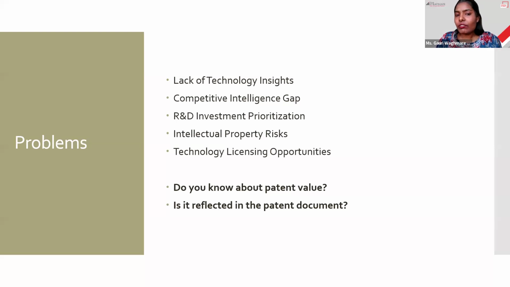R&D, research and development investment prioritization needs to be done, because suppose you are developing X and that X is already developed by another party, then it is useless to you if they are prior to you. So you have to prioritize in which research or development you need to invest your money, right?